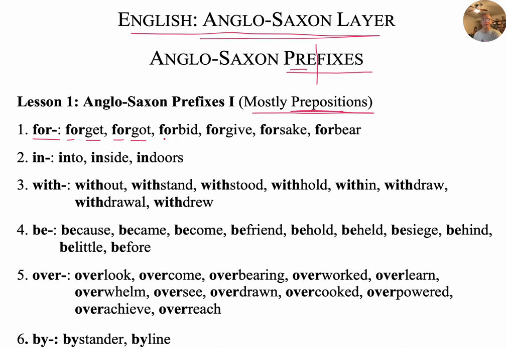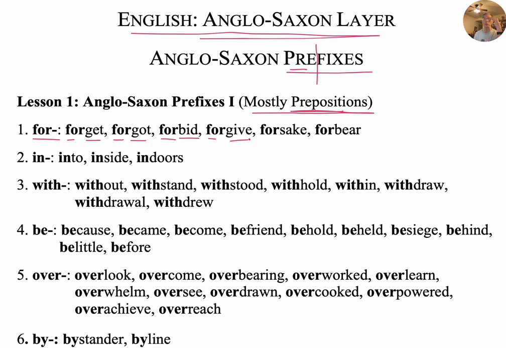Let's hope not. Next we have forbid. Bid's an old way to bid or to ask somebody to do something. And forbid is to ask him, please don't do it. So when you forbid somebody, perhaps you are forbidden to chew gum in your classroom.